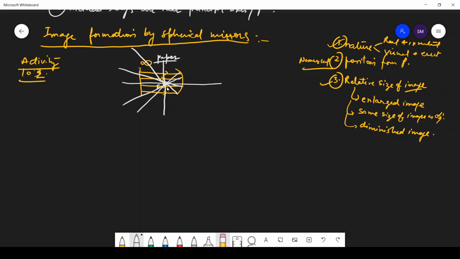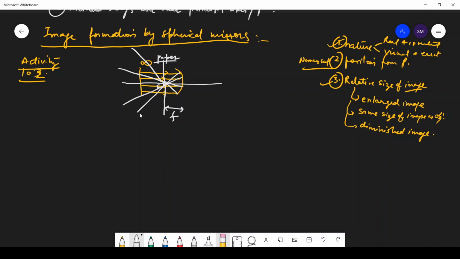Hold your mirror and sheet of paper for a few minutes, and you will see that the paper will start burning. And the distance is your focal length. So that's how you find the focal length of a spherical mirror from this activity.